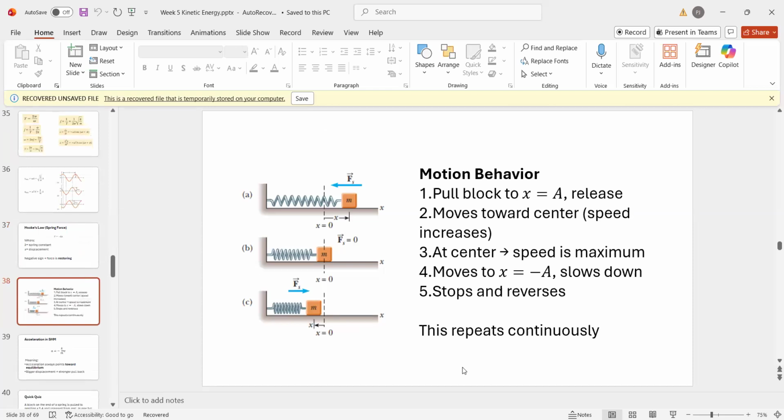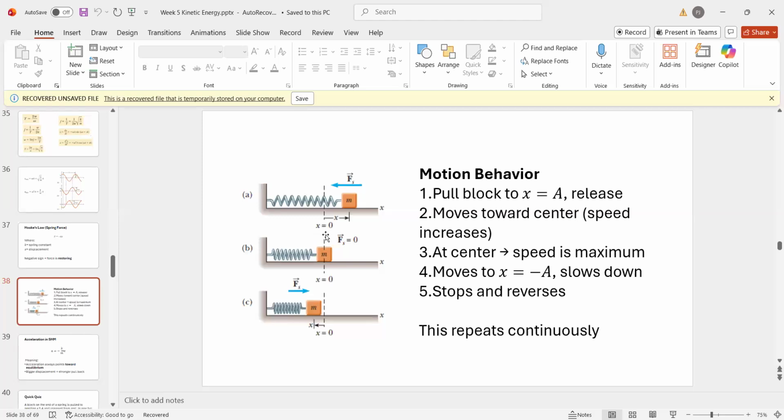So looking at this diagram, A, B, and C, you see a block pulled to A. Here you have A. The x is equal to A. Then you release it and it moves towards the center. At the center, the speed is at maximum.